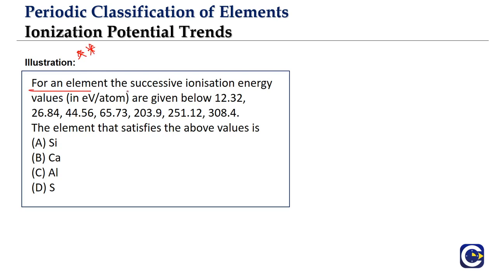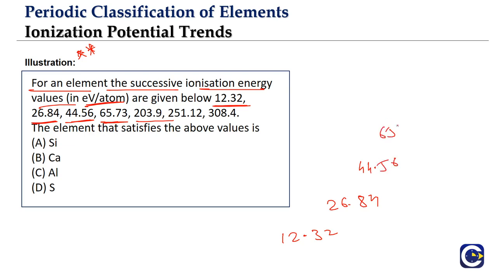For an element, the successive ionization energy values in electron volt per atom are given here. Look at it. 12.32, 26.84, 44.56, 65.73, 203.9. Are we seeing a sudden jump? 12.32, next 26.84, then 44.56, then 65.73, then suddenly 203.9.